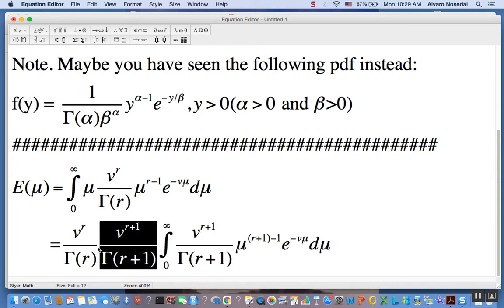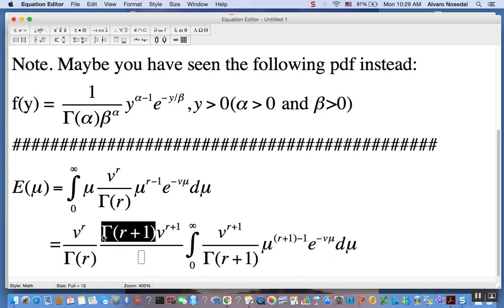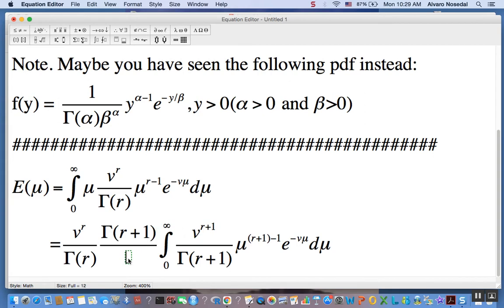So let me place this one here, since we divided by gamma evaluated at r plus 1, let me place it here in the numerator, and since we multiplied by this guy, let's divide by that guy outside that integral, and then we are just multiplying by a 1.